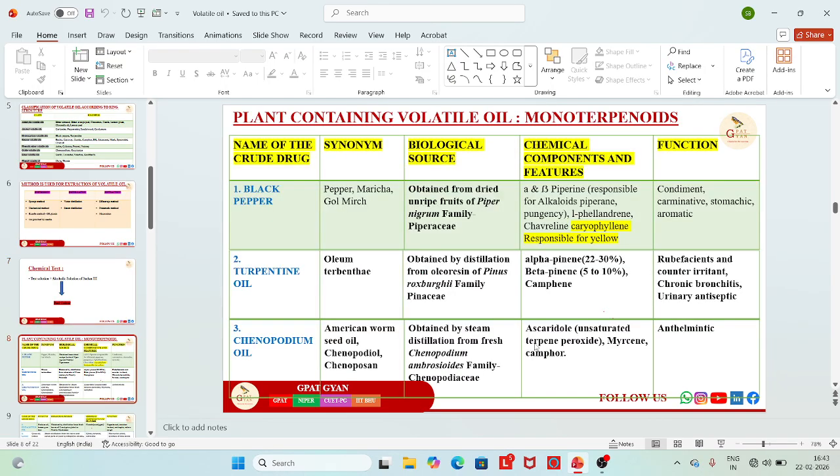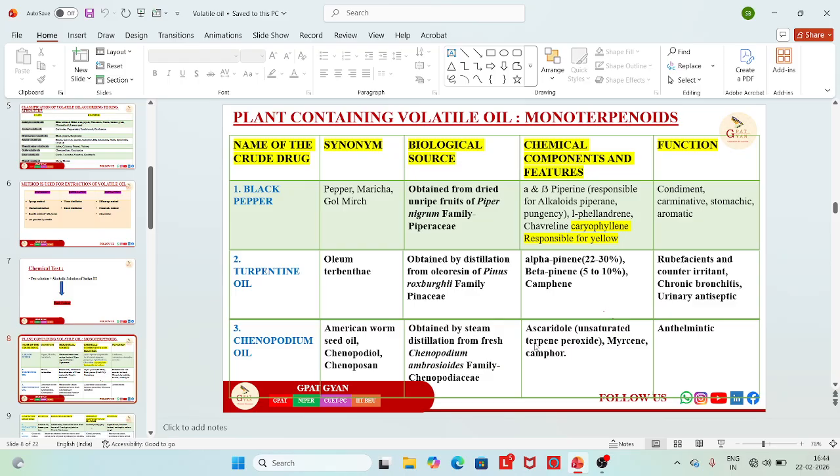And these are the drugs. We have covered these drugs line by line. Alpha and beta pinene are present in the black pepper that are responsible for the pungency. Turpentine oil is for the alpha pinene, beta pinene again.